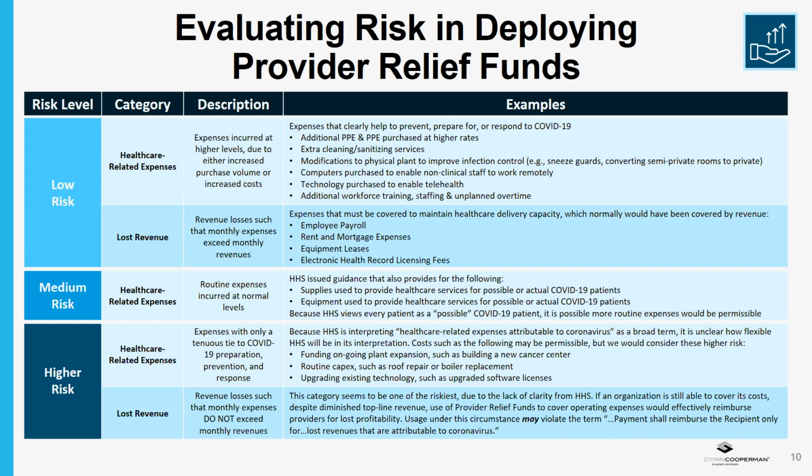So we've divided the different uses into three strata of risk: low risk, medium risk, and higher risk.